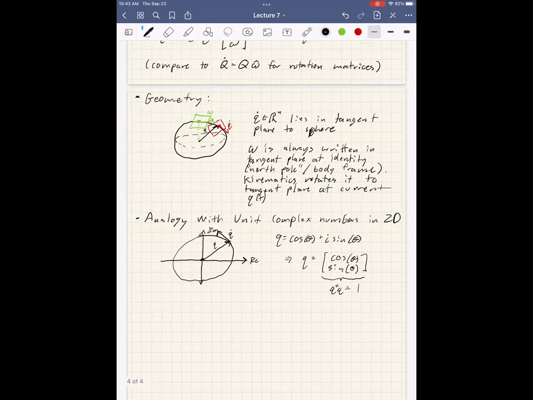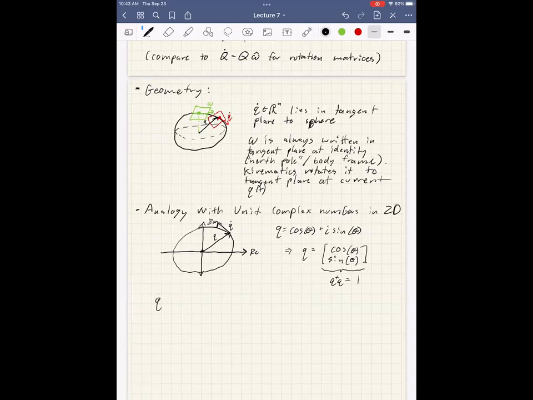Okay, so let's look at what Q dot looks like. Q dot equals partial Q partial theta times theta dot, which is equal to omega. So this is dQ d theta times omega, and this is the 1D case. If I write out the derivatives, I get minus sine, cos times omega.